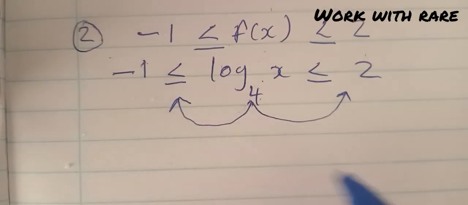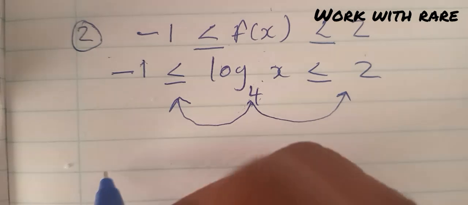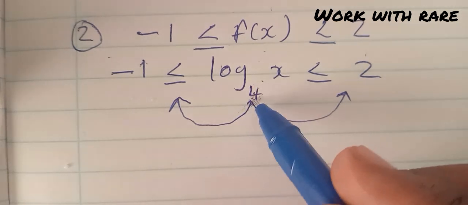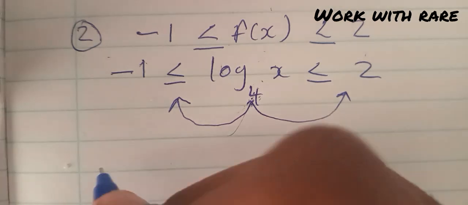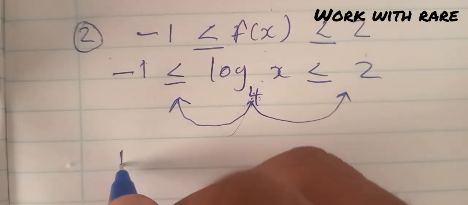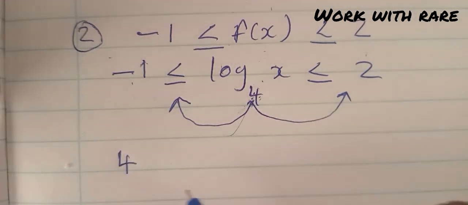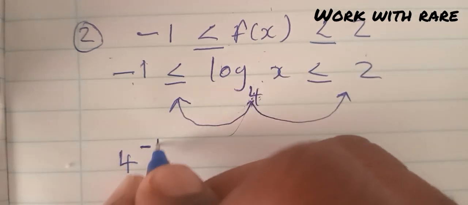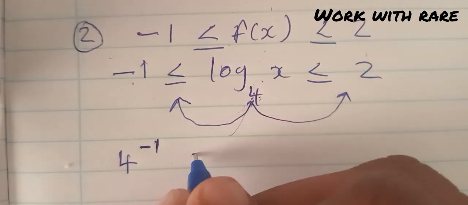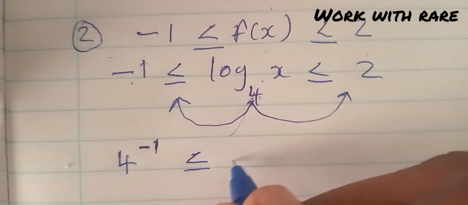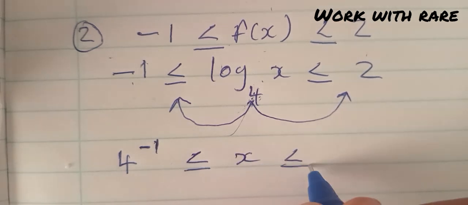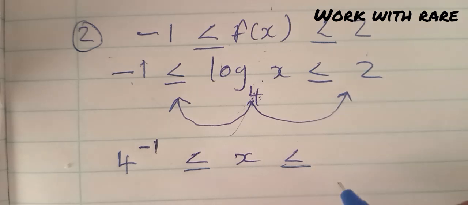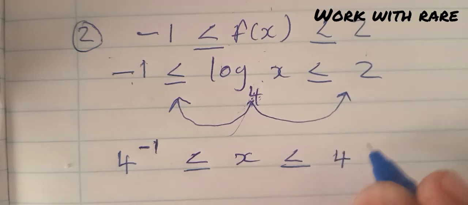So as soon as I take 4 to the opposite side, the base becomes the base of an exponent, so I change it into exponential form. The sign doesn't change. Here I'll remain with x, and what I did there I will do it here, so I will have 4 to the exponent 2.